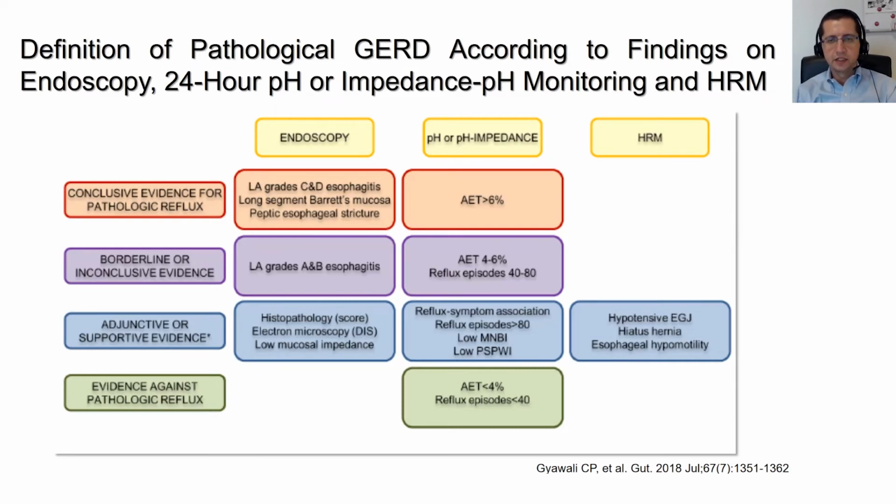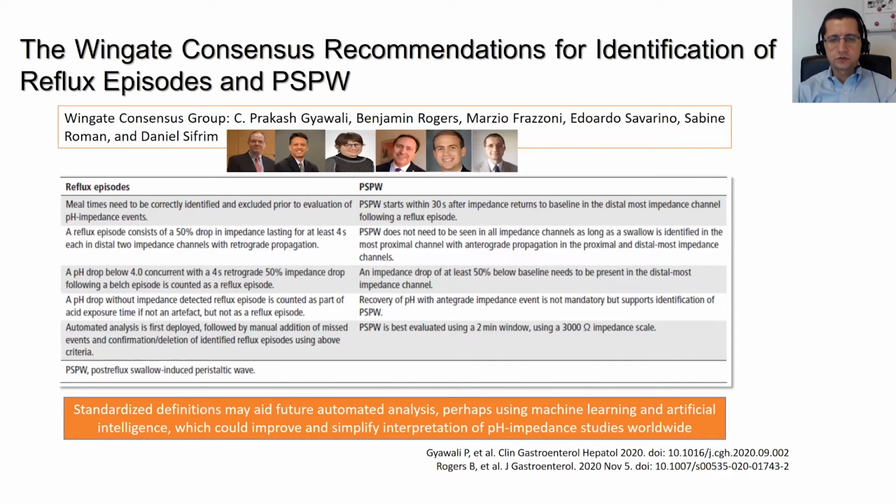I would like to show 2 slides that highlight the process that we are going and we are working to better use the impedance pH testing. This consensus, the Wingate consensus, was published last year in 2020 on clinical gastroenterology pathology, and suggests the recommendation, the rules to better identify reflux episode and to better identify PSPW.